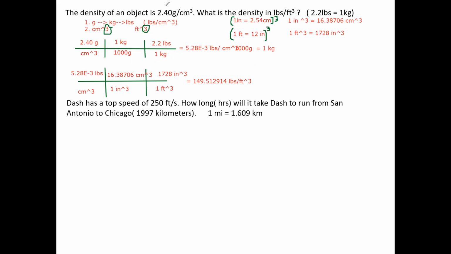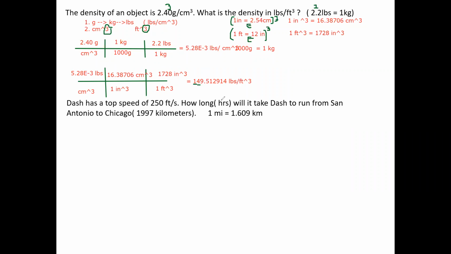So 2.40 has 3 significant figures, 2.2 pounds and 1 kilogram, 2 significant figures, inch to centimeter is exact, foot to inch is exact. So our answer should be rounded to 2 significant figures.